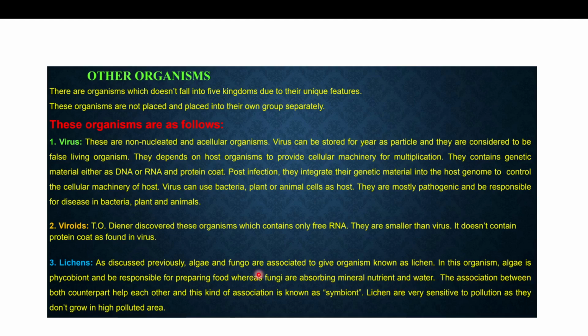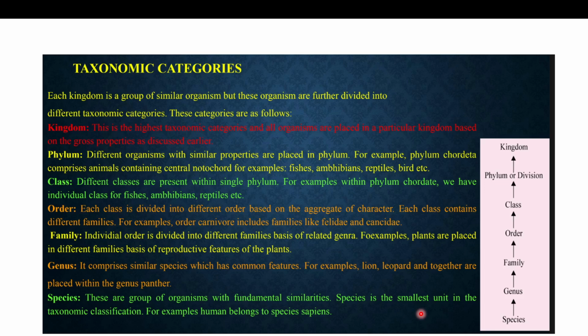So this association is actually a symbiotic association where both the participating groups are helping each other. And lichens are also called pollution indicators because in polluted areas they do not grow.